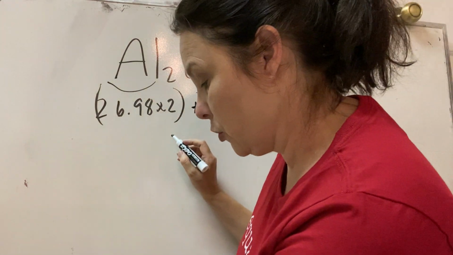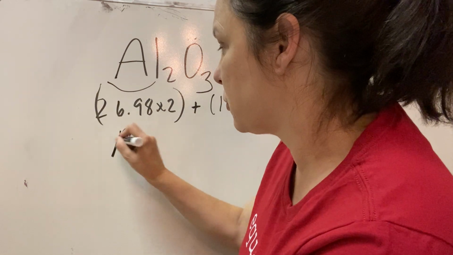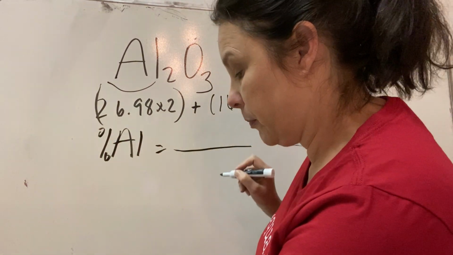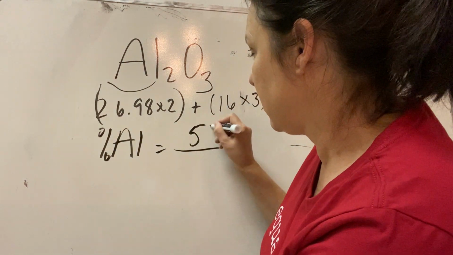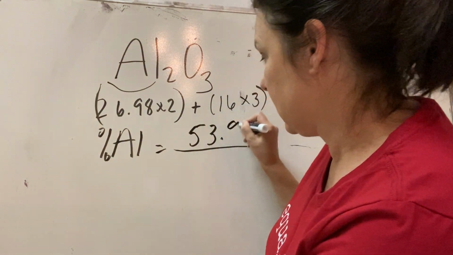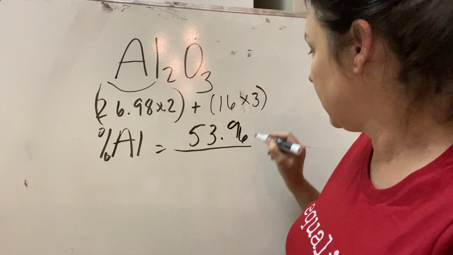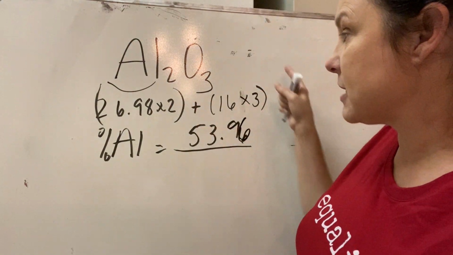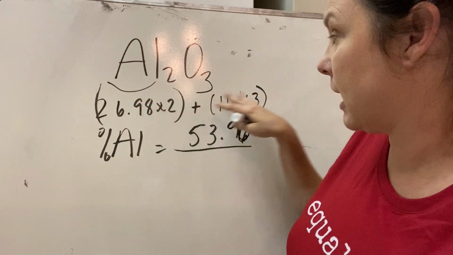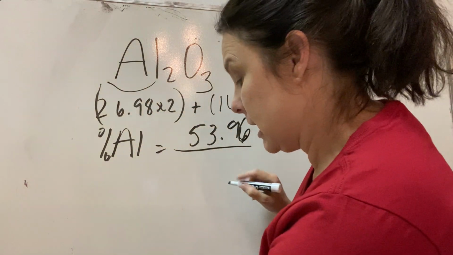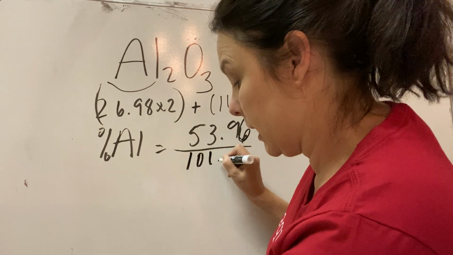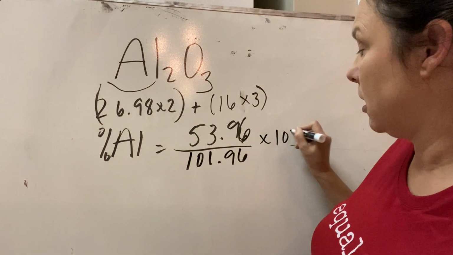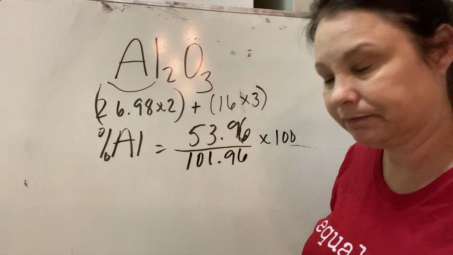So if I'm doing the percent of aluminum, then the part will be 53.96, all right, divided by the mass of the entire compound. So I'd have to sum all of that up, and I get 101.96. I times it by 100 because I want a percent.